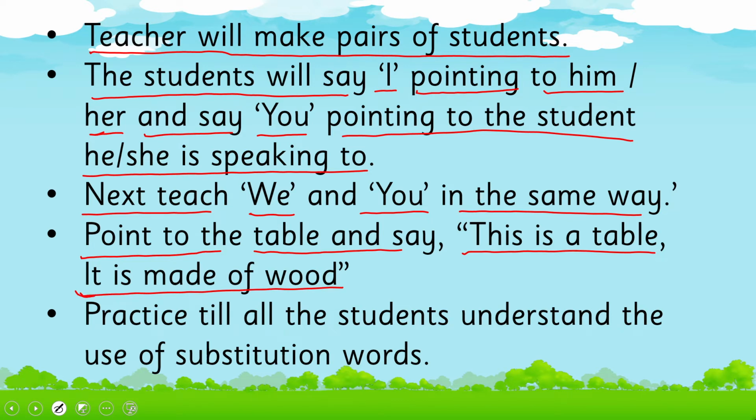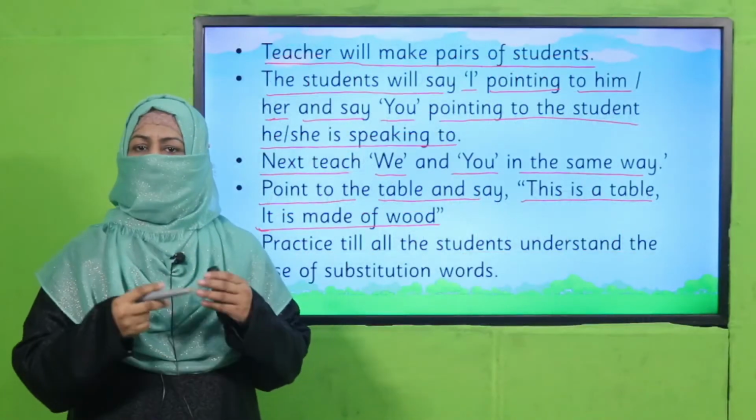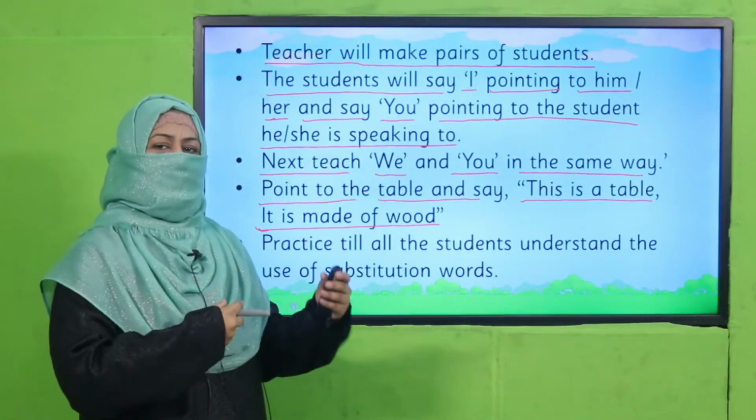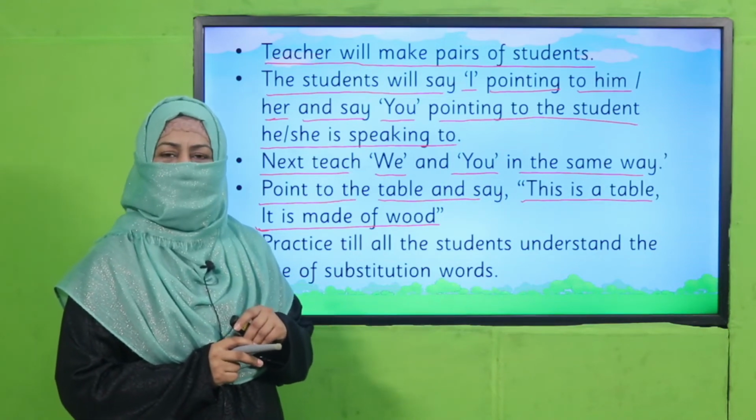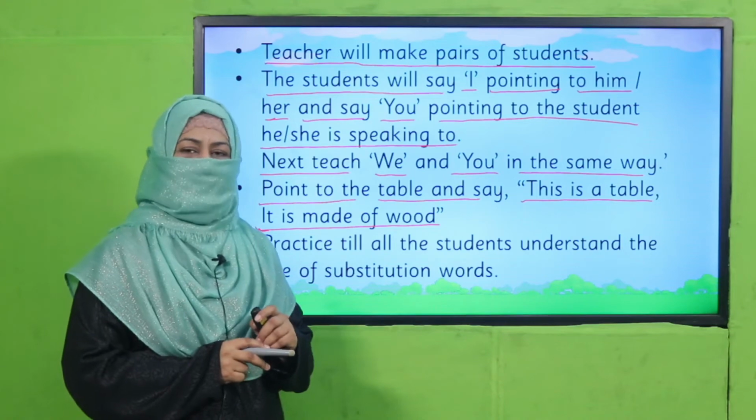So in this way, you can keep practicing different substitution words: I, you, we, it, he, she. So in pairs, students will practice it. Are you clear? Okay, so pause the video, enjoy this activity and then come back.